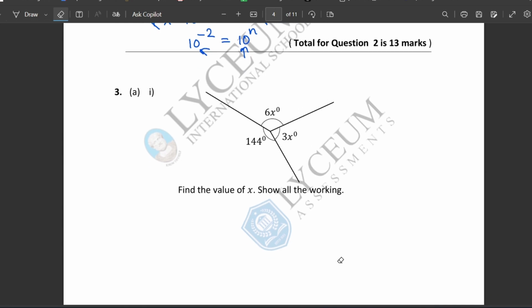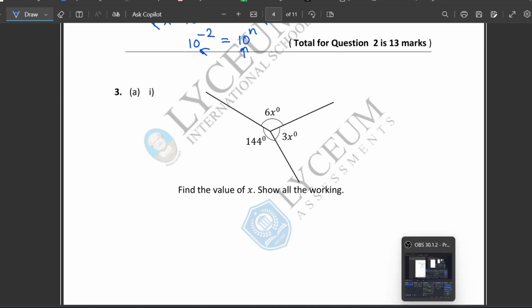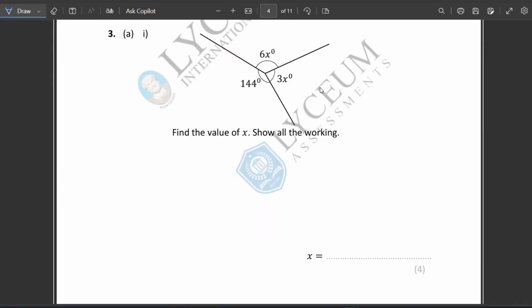So in the third question, we have to find the value of x. So we know that angles around a single point is equal to 360 degrees. So all of these should be added up to 360.